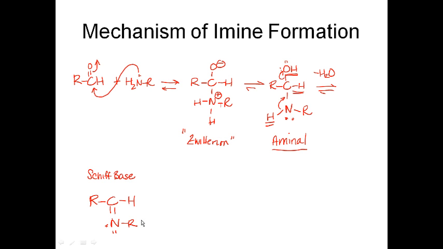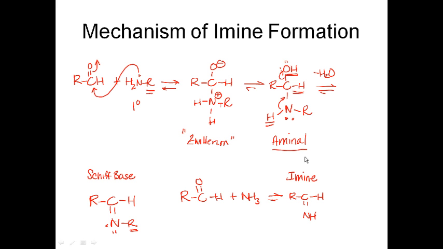Now, it's called a Schiff base when we started with a primary amine and we still have an R group attached to the nitrogen. If I was to do this reaction with ammonia, so if I was to add ammonia to that aldehyde, I would actually end up forming a double bond to an NH. Then this is actually what is called an imine.